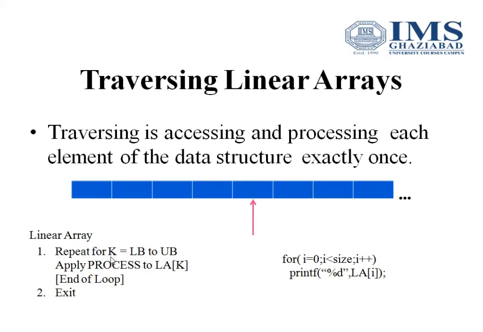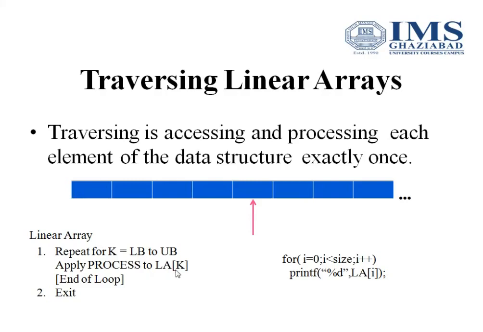Here k is the variable that ranges from lower bound to upper bound. Lower bound means the index of the first element of the array, and upper bound is the index of the last element in the array. Since we want to traverse from the lower bound to the upper bound, we start the loop from the lower bound.